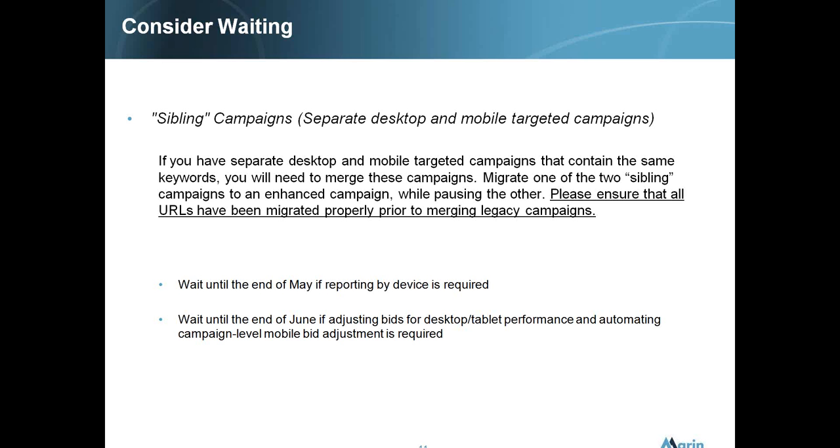Come end of June, we'll be operating separately off of those data points. So that's just a quick overview on enhanced campaign merging. Again, we'll cover this in much more detail in the specific webinars.